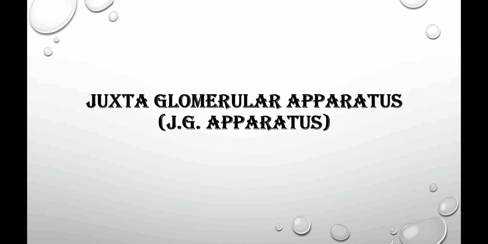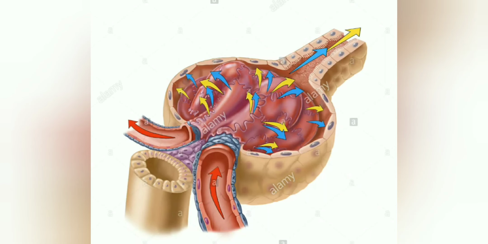JG apparatus, or juxtaglomerular apparatus. Some smooth muscle cells of the wall of the afferent arteriole are modified in such a way that their sarcoplasm appears granular. These cells are called JG cells or juxtaglomerular cells.